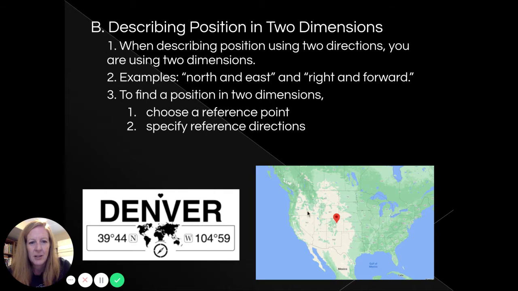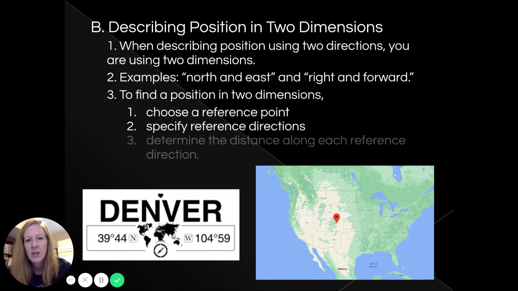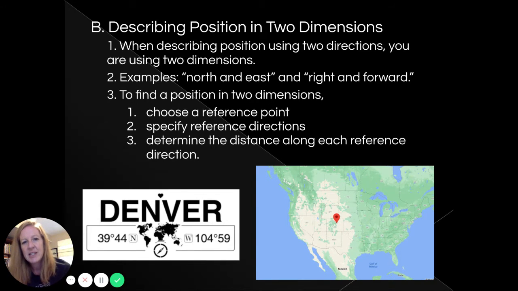When we talk about the location of Denver, Colorado, these are the coordinates for Denver: 39 degrees, 44 minutes north, 104 degrees, 59 minutes west. Those coordinates are relative to a specific reference point, and we determine the distance along each reference direction. That's how we figure out how far we are from that reference point.